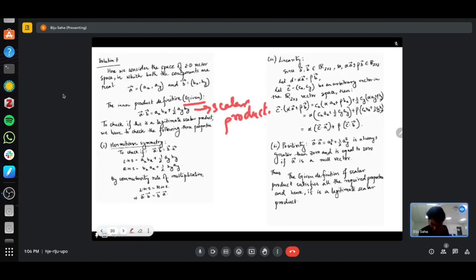So we have to check these conditions. One is the condition of Hermitian symmetry, and we have to check whether it is satisfied or not.